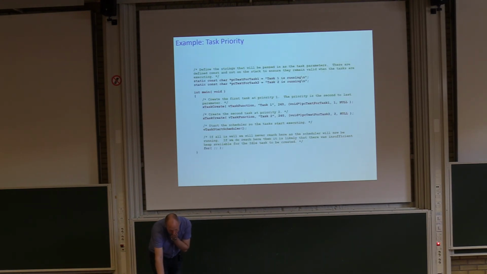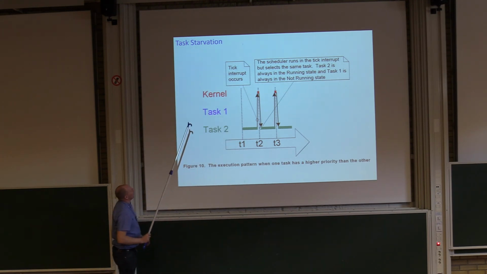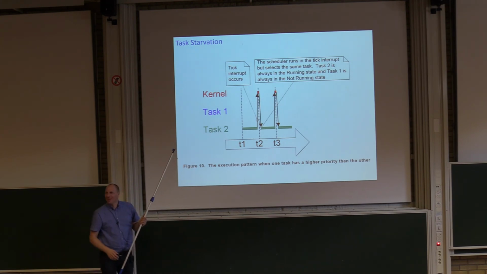Is there something else to say about that? Yeah, starvation, of course. Now you can say that task number 1 is starving, since it would like to execute, but it never gets a chance.